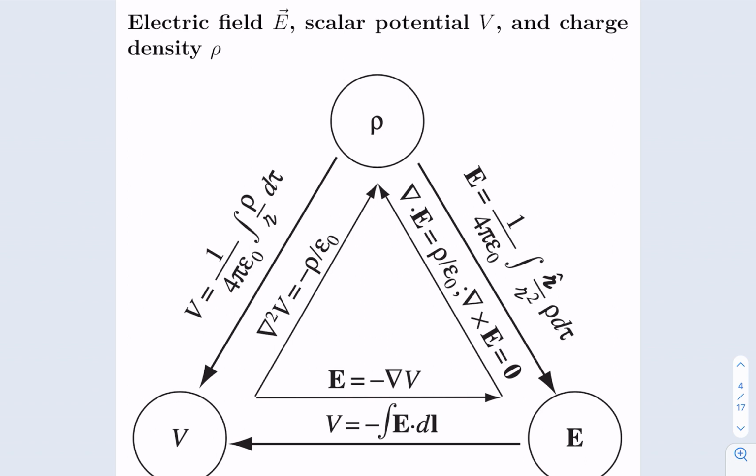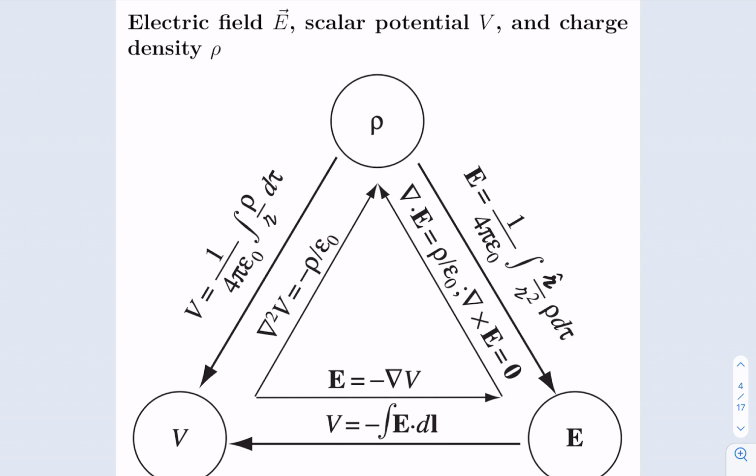And then to connect from the electric field to this scalar potential, we also know that by definition the electric field is the negative gradient of the scalar potential, and the scalar potential can be obtained by simply integrating this electric field over a specific path, and this path can be arbitrary.